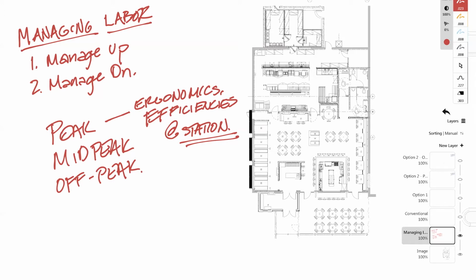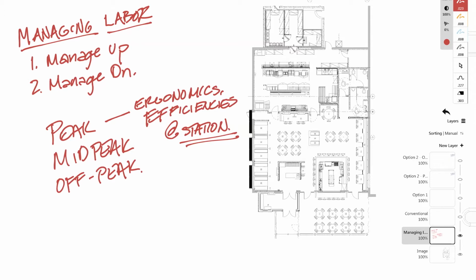At peak, that's not a problem. At peak, hopefully you've got so much business. The whole point is being able to manage efficiently and produce and deliver the food efficiently. So managing labor during peak hours is not typically an issue because you've got enough sales to offset the labor cost.